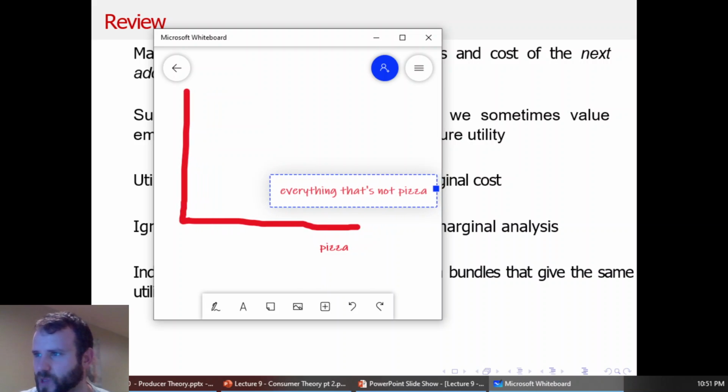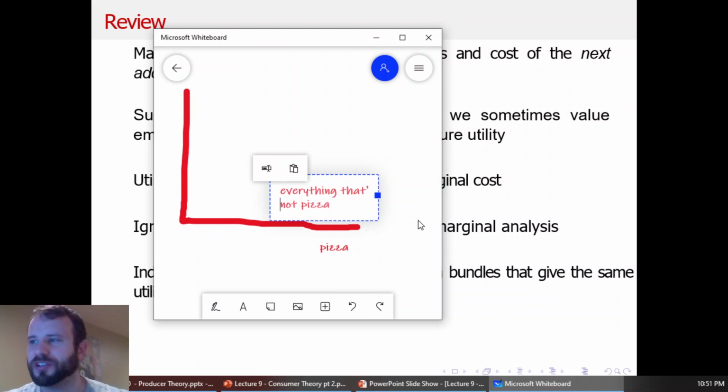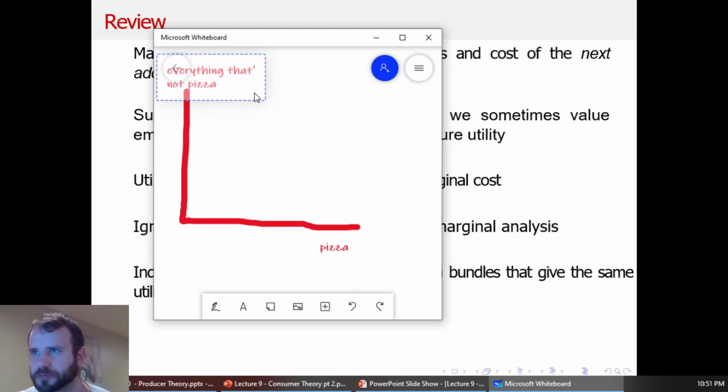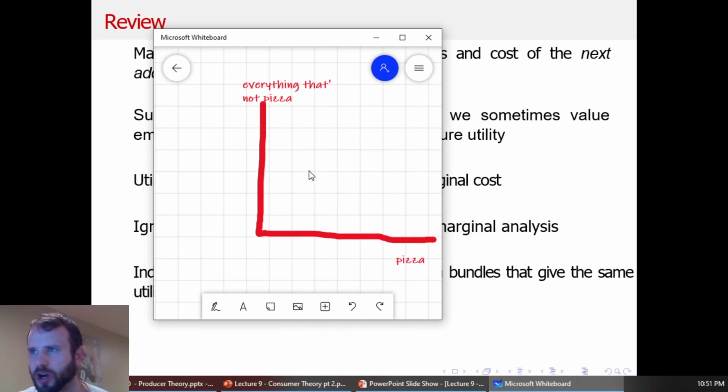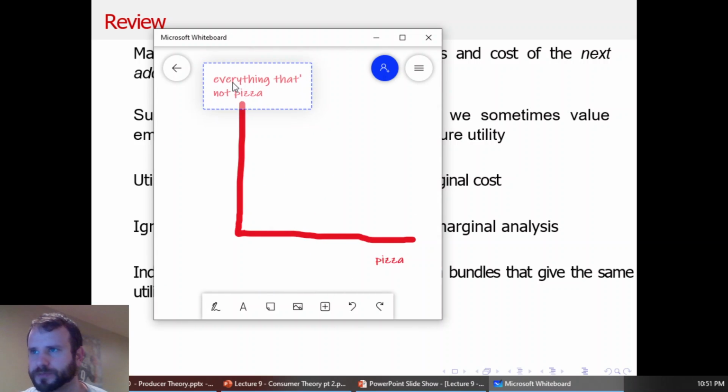Okay. So, that could be clothes, that could be movies, it could be new software, new apps, I don't know, whatever you spend your money on, a phone, okay? It's kind of a catch-all consumption bundle here. So let's just say that's everything that is not pizza on the y-axis, okay?